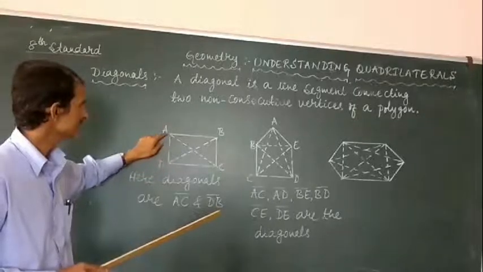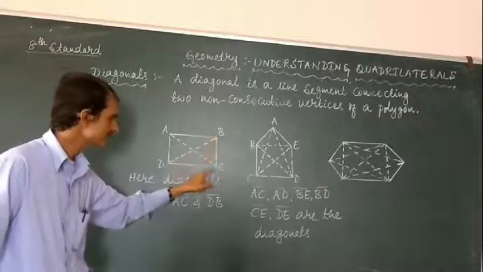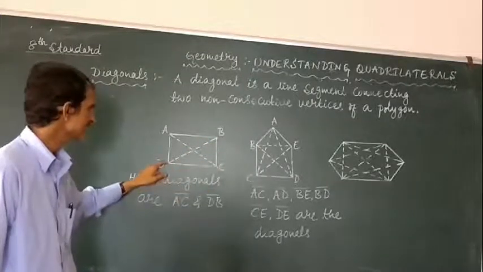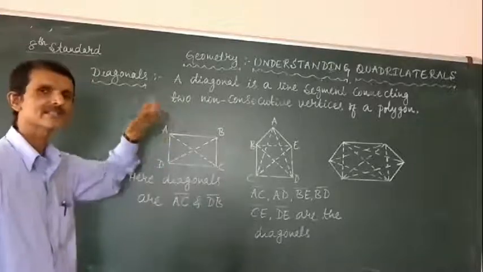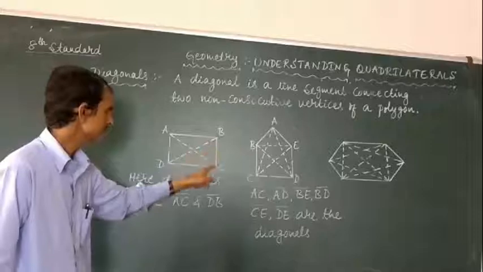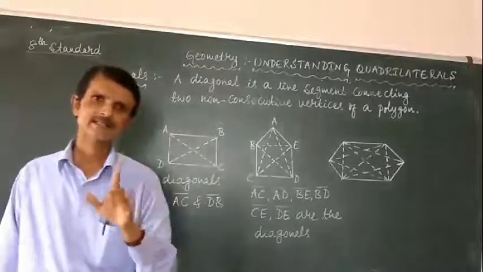A is connected with B, B with C, C with D, and D is connected to vertex A. Therefore, AB, BC, CD and DA are called sides.